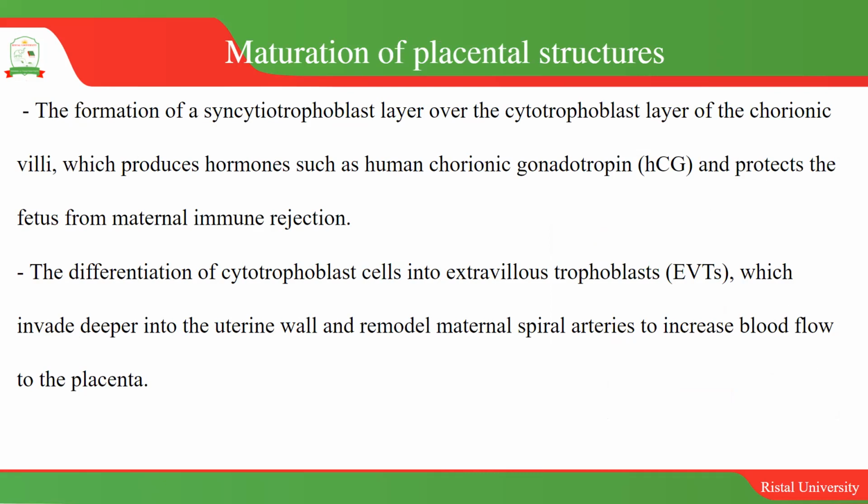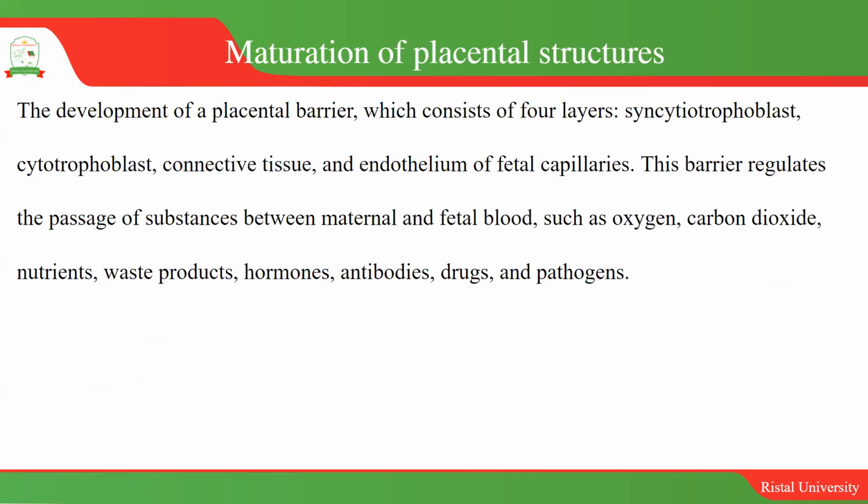The cytotrophoblasts can differentiate into extravillous trophoblasts, which also invade deeper into the uterine wall, and also help in formation of the maternal spiral arteries to increase blood flow through the placenta.